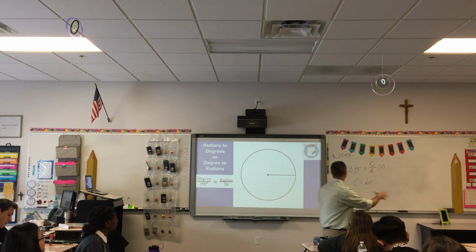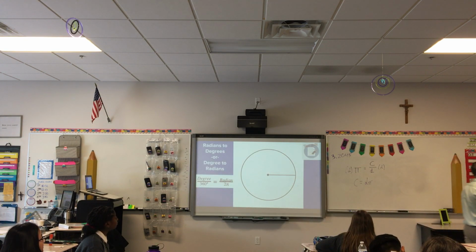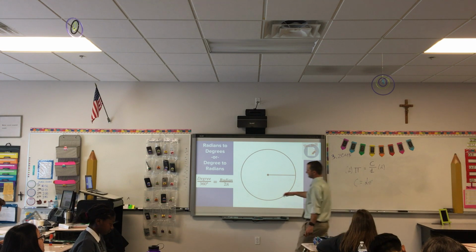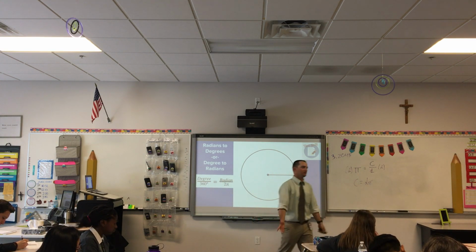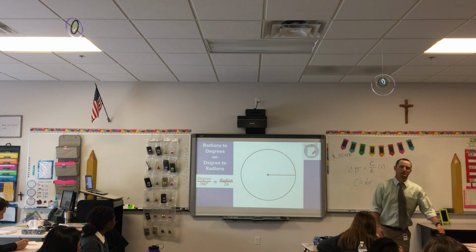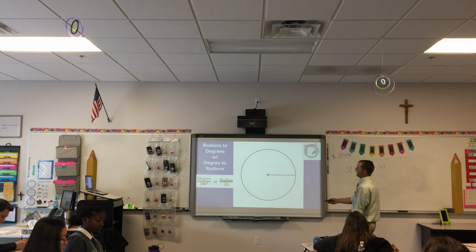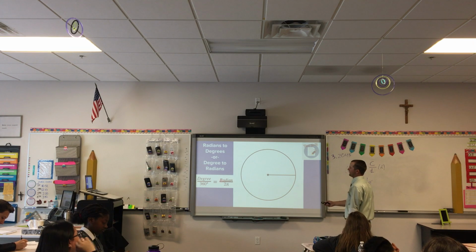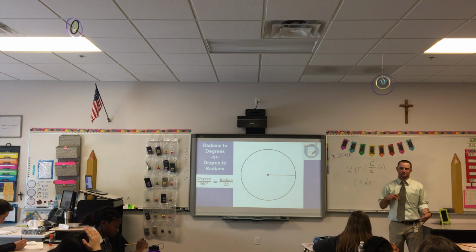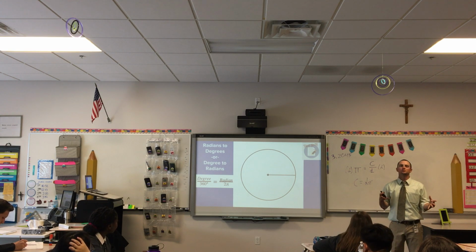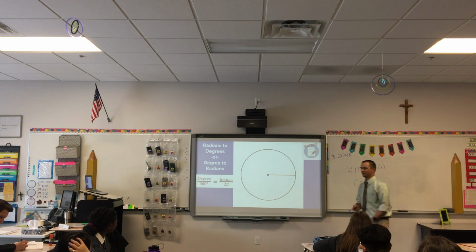So when we go to look at transforming degrees to radians, we take our degrees and set up a proportion. Shocker, it's always about proportions. We set my degree measure over the total and my radian measure over the total. If half the circle is pi radians, then the whole circle would be 2 pi radians, right?